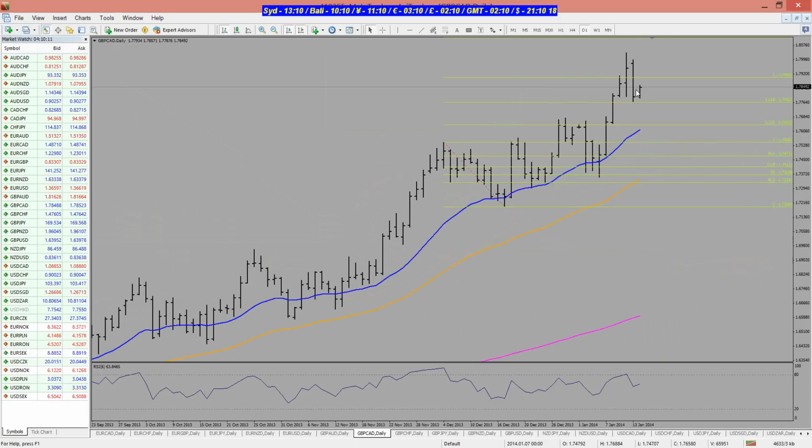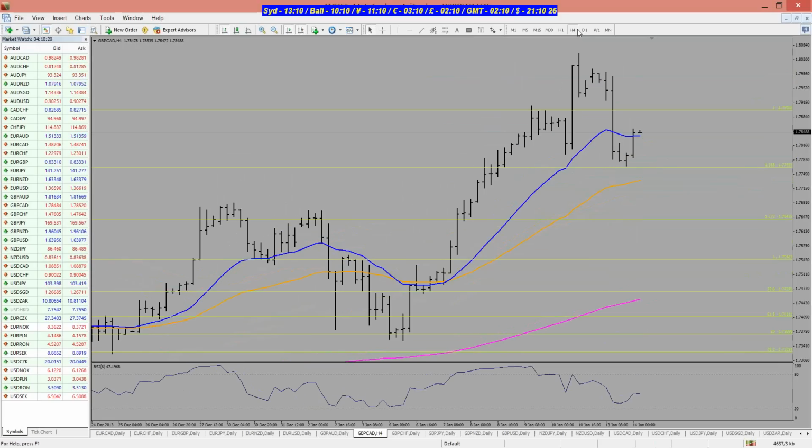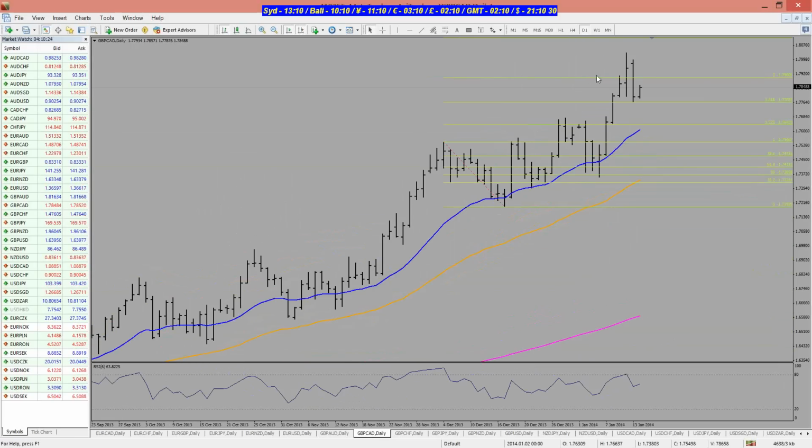Pound CAD. Well, you're in the sell zone. Will the CAD get stronger? I doubt it. You got a phase 2. The risk is, let's call it 300. The reward is 400.